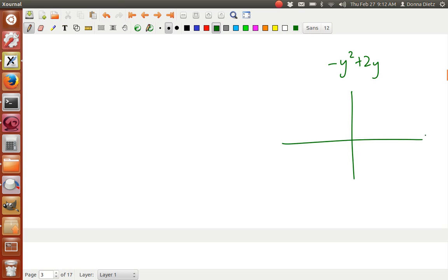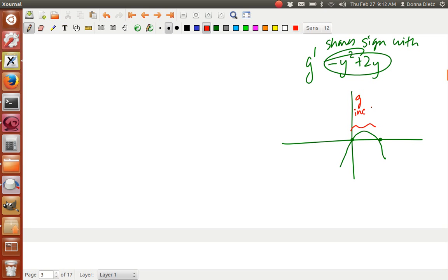So we said there's a 0 at 0, and there's a 0 at 2, and it's a minus y squared, so the thing is facing like that, right? So if this is g prime, it shares sign with this guy, it's not equal to that guy, it's not even proportional to that guy, it just shares the same sign. So between 0 and 2, g is increasing, otherwise g is decreasing.